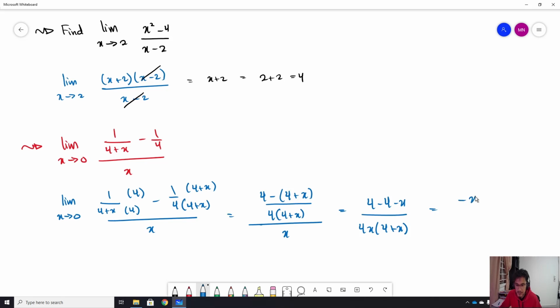So we have negative x over 4x, 4 plus x. So x can be removed. So we are left with negative 1 over 4 plus x. So that we get negative 1 over 16.